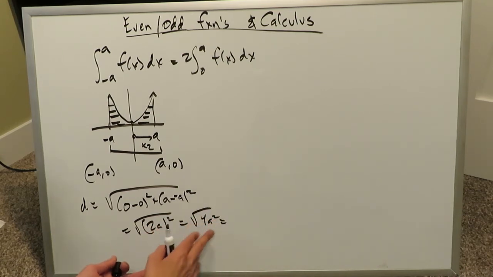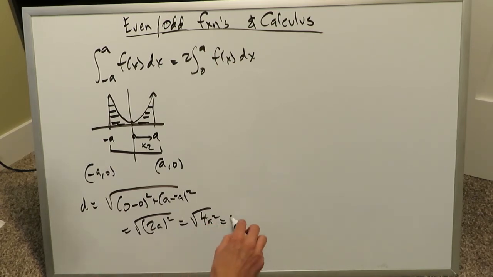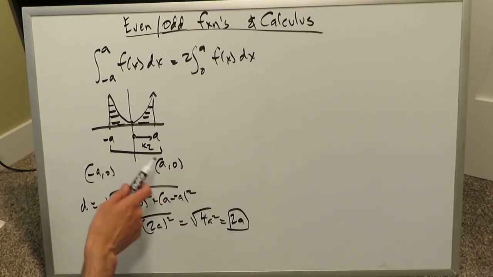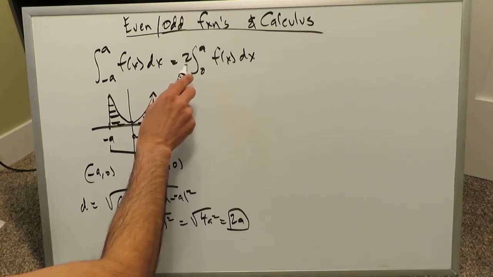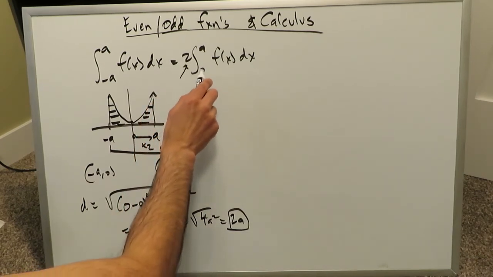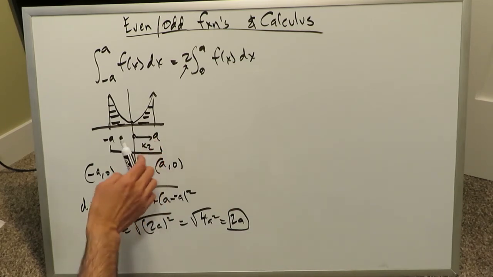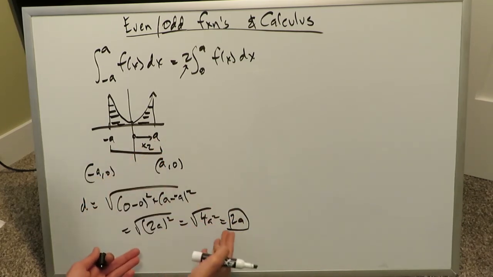When you do this perfect square and you square root it, you'll get 2a, which means you're basically looking at a segment that's 2a, and you can very well bring this 2 out here, and you can establish from 0 to a the interval, because from 0 to a is just a single a, you double it, you get your double a, which is 2a, and you see that reflecting there in the modified interval.